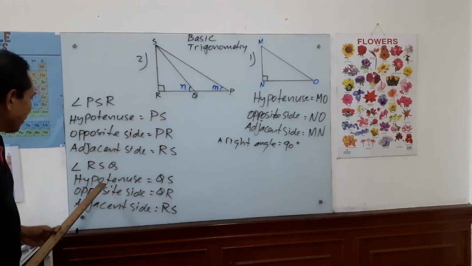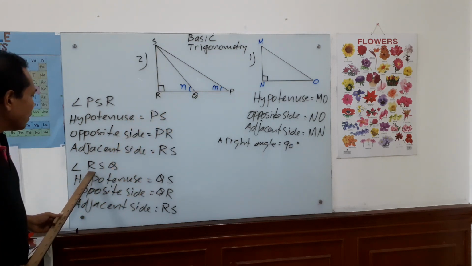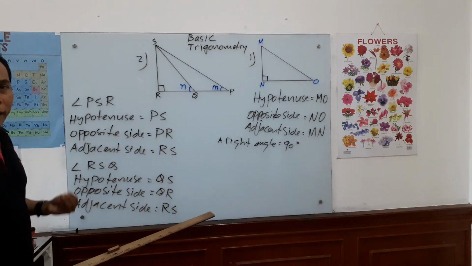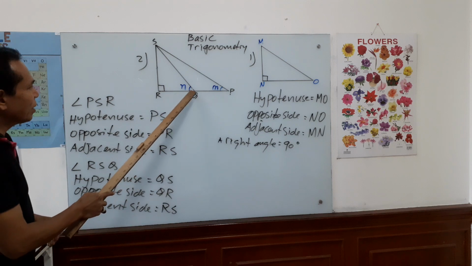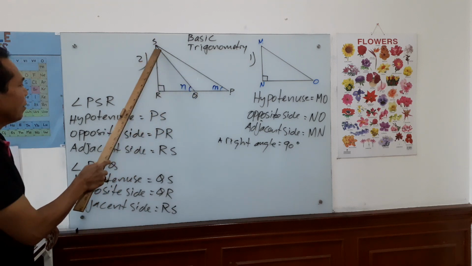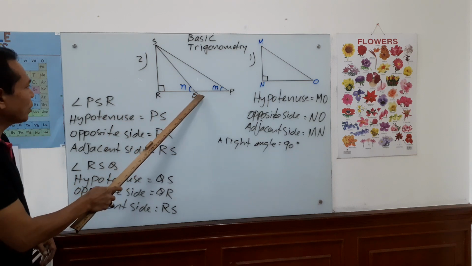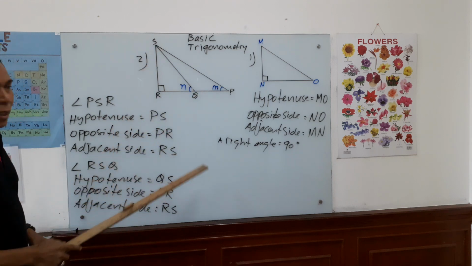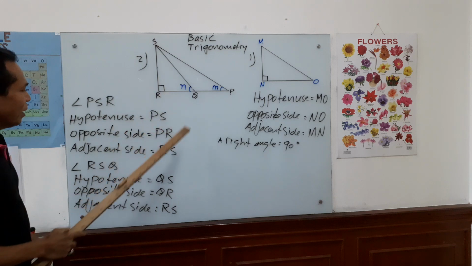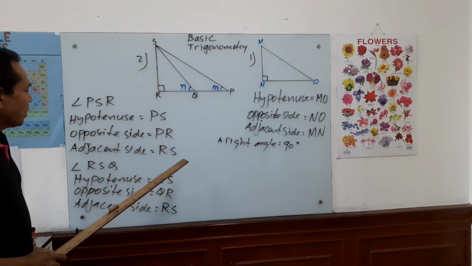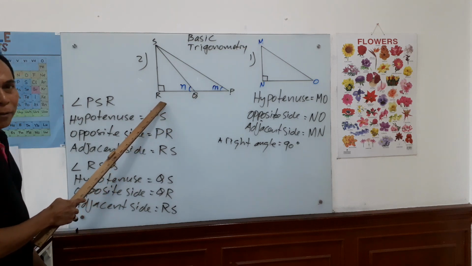Now we look at angle RSQ. Again, the sloping side is the hypotenuse, or hypotenuse is the sloping side. So it is QS. It's always there. And the opposite side, this time, is QR.